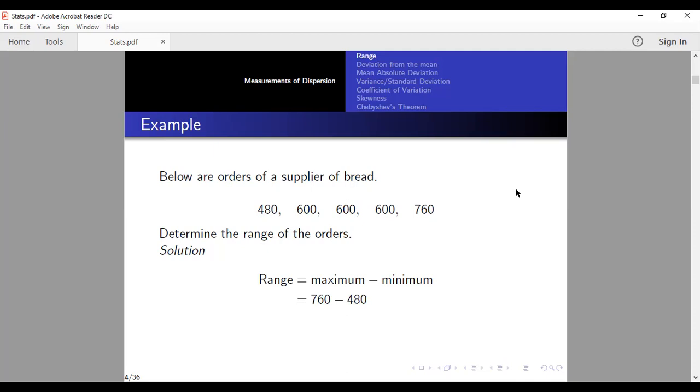So the maximum value here is 760. The minimum value is 480. We don't care about the 600s. We just want to know what's the maximum, what's the minimum, and then we subtract these two to get 280. So the range of this particular data is 280.